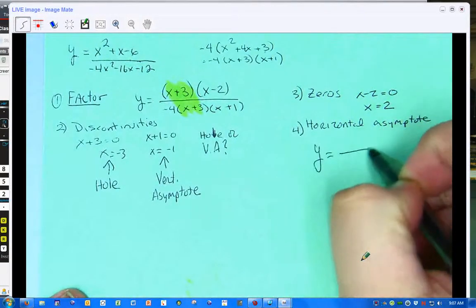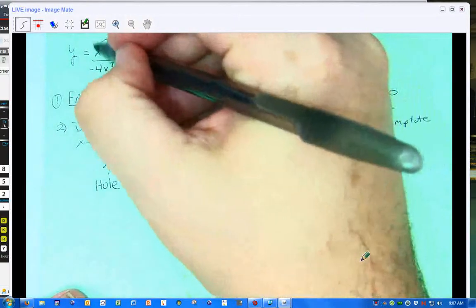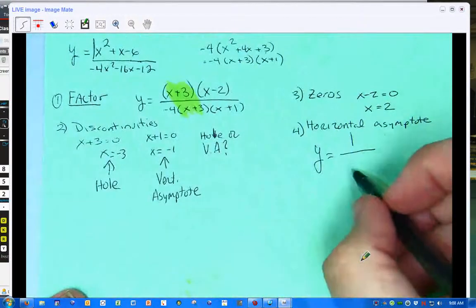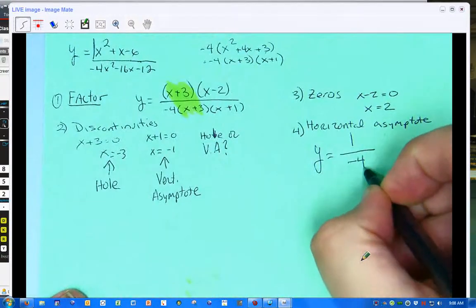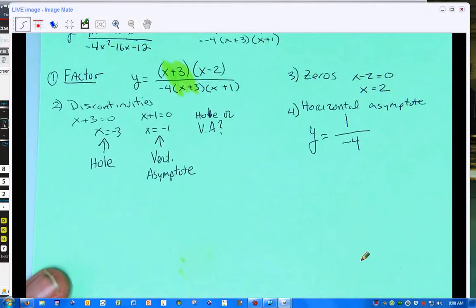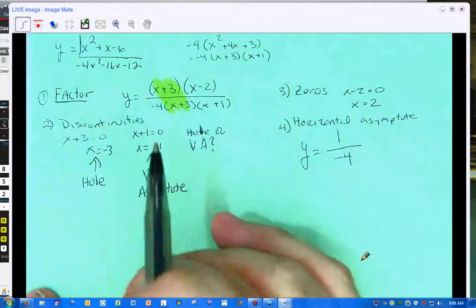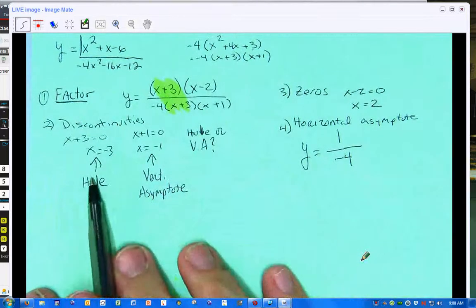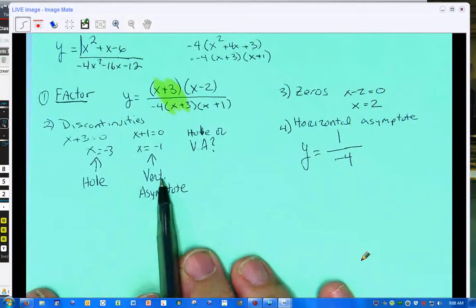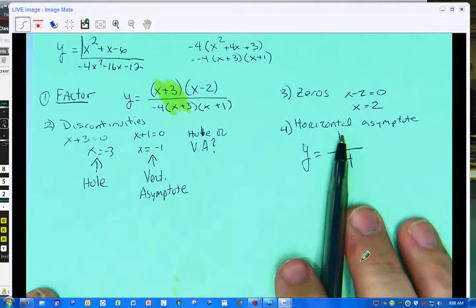So y is going to be equal to 1 over negative 4, because there's a 1 right there. Now, in this case, I'm able to figure out my discontinuities. I have my hole, my vertical asymptote, my zeros, my horizontal asymptote. I think we're ready to go.